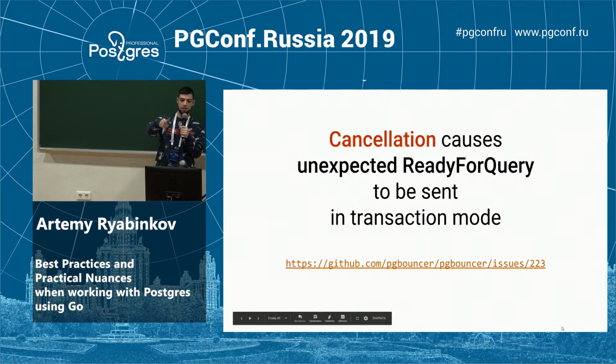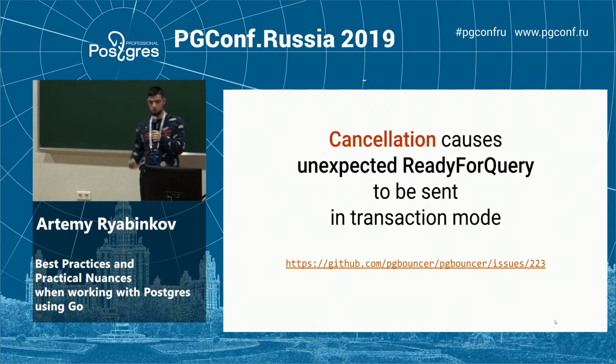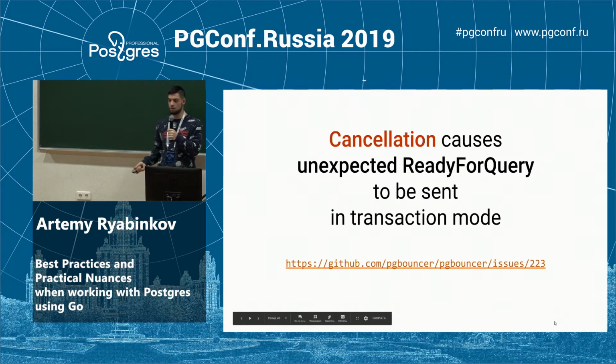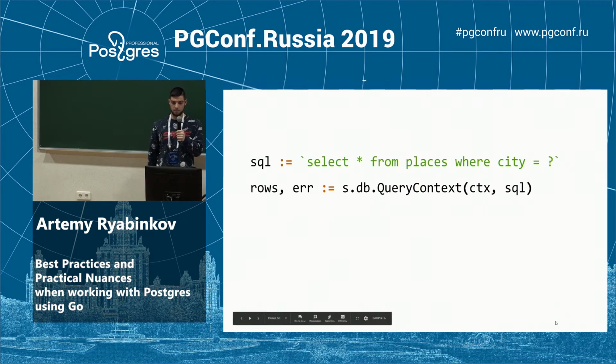That means PGBouncer puts the connection into the pool and lays information about the readiness of the connection. Our driver starts to execute the query, it receives the connection and waits for the data, and then it is ready for query, and it falls. There is an error. This is the best case. In the worst case, we receive data that we don't want to receive.